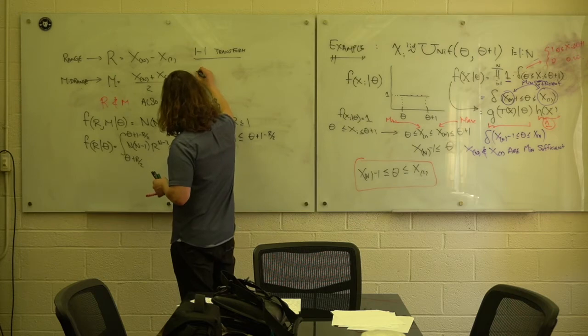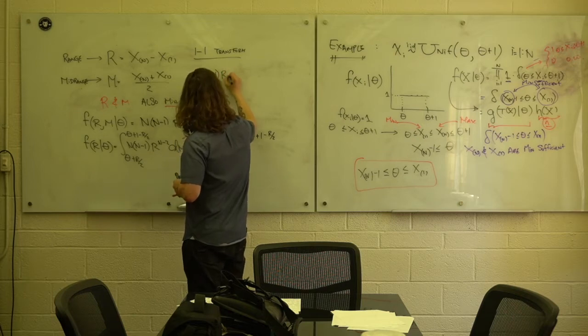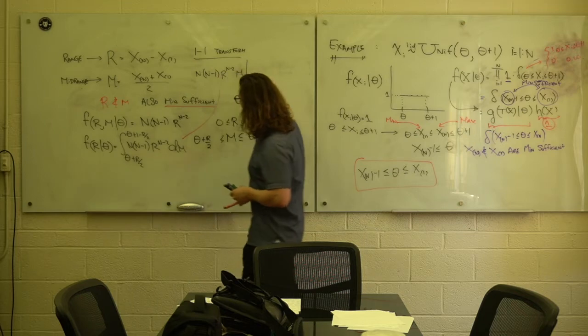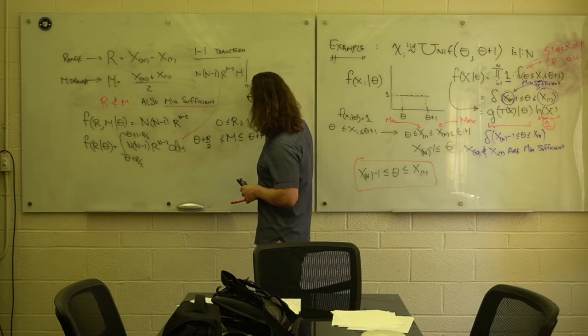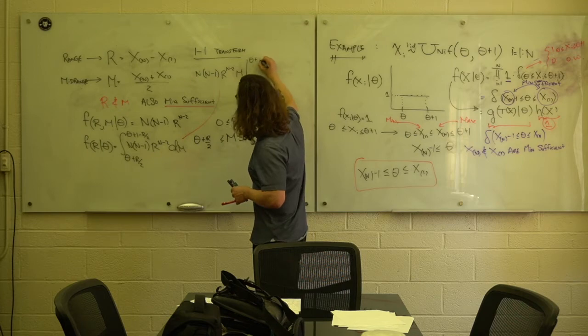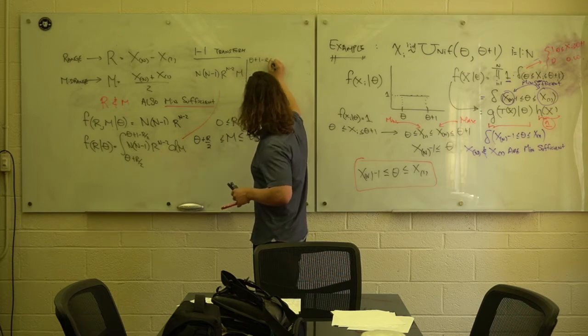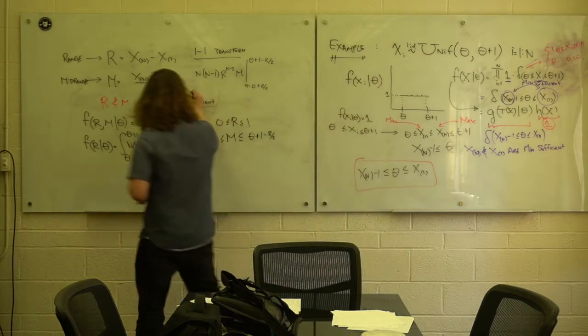So this is going to be n minus 1, r, n minus 2. I'll write down m, and m is going to live between theta plus r over 2 to theta plus 1 minus r over 2. So I can write that out.